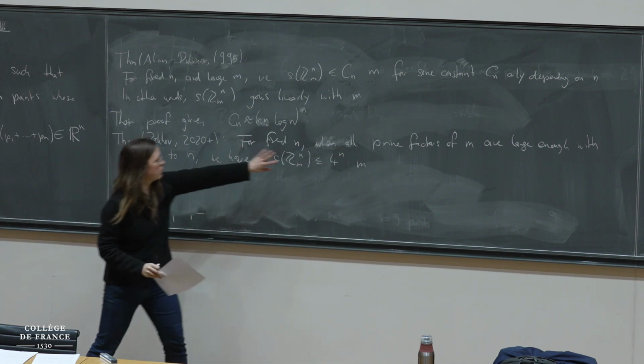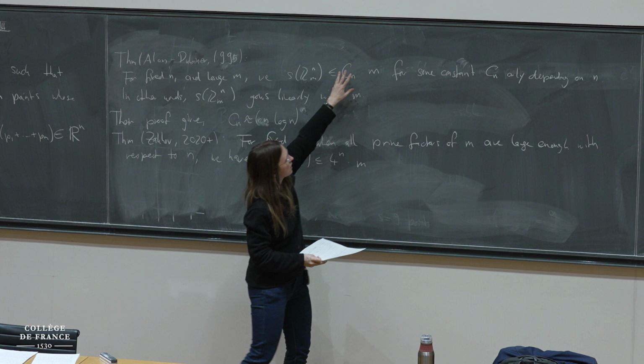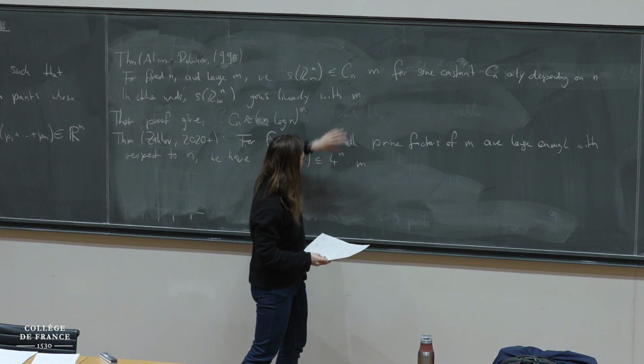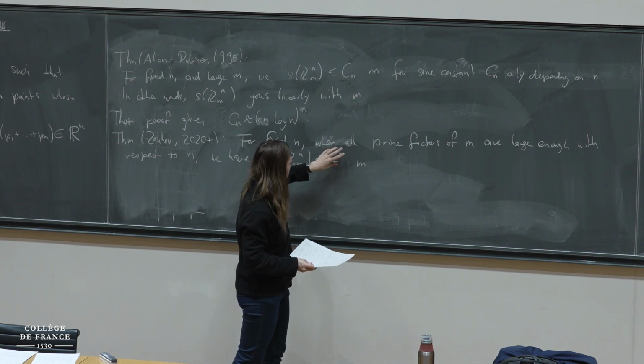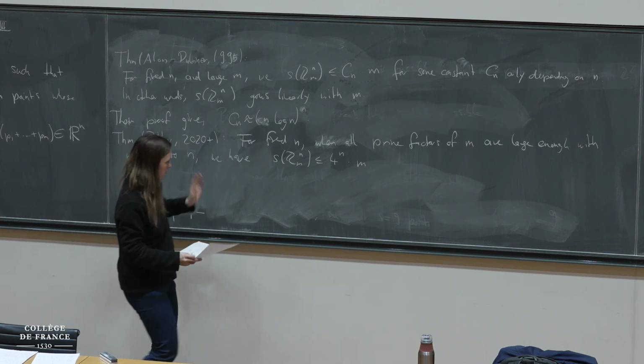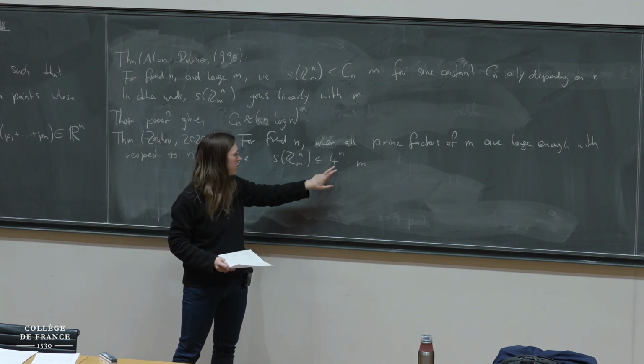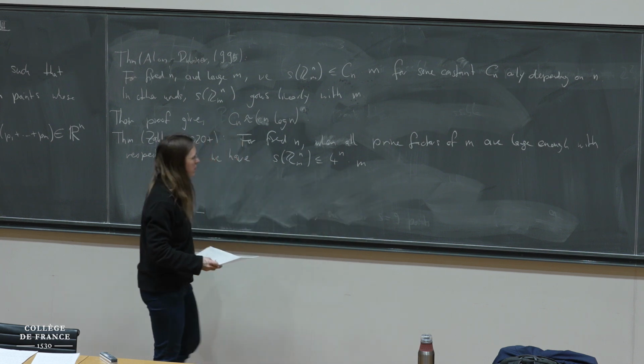So that's a really, really strong bound. Having such a constant factor here is really strong because there's a lower bound, which I'll mention in a moment, of a similar shape. Something like 2 to the n times m is a lower bound for this.